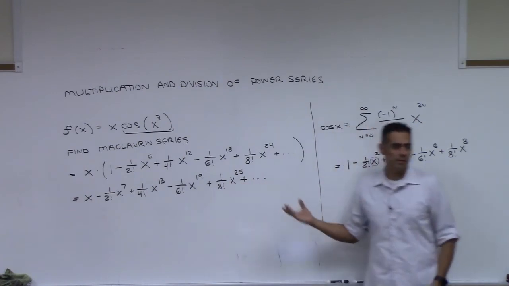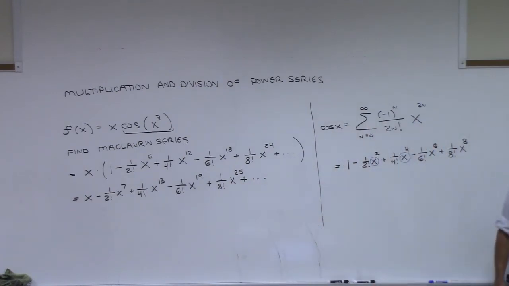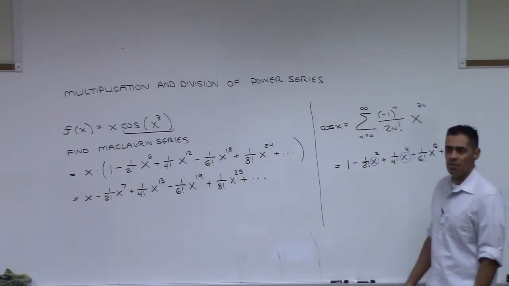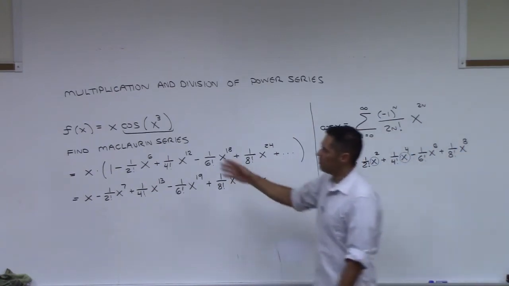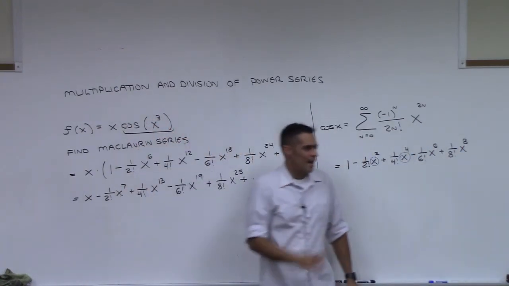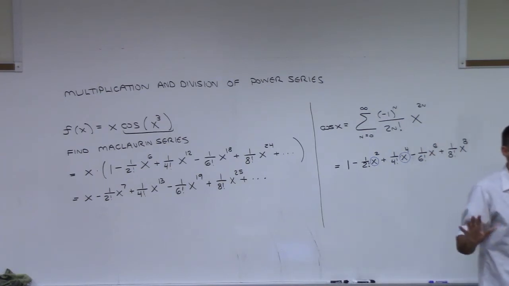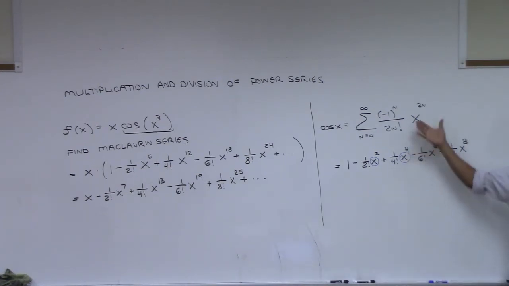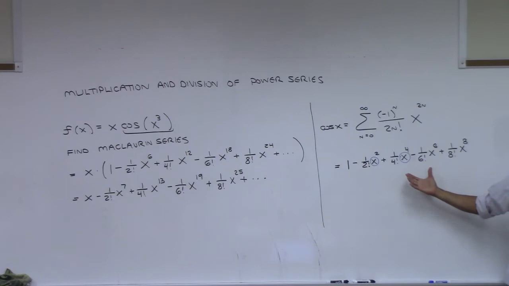So there it is. That is the Maclaurin series for x times cosine of x cubed. So what we've done is some multiplication. That's about as easy as it ever gets, because all we did was write the series out using the formula and then multiply that by x.